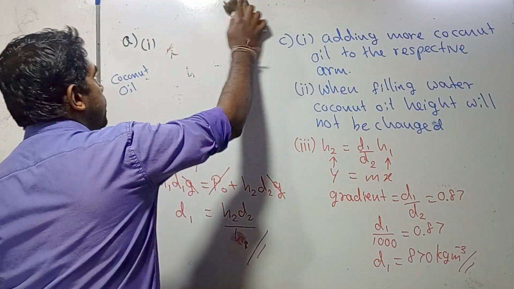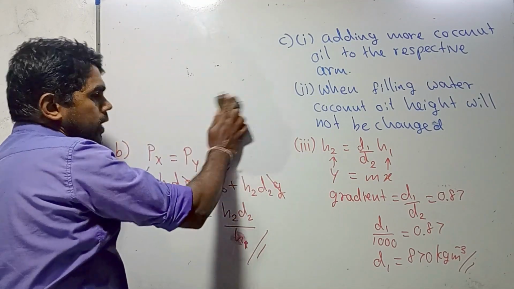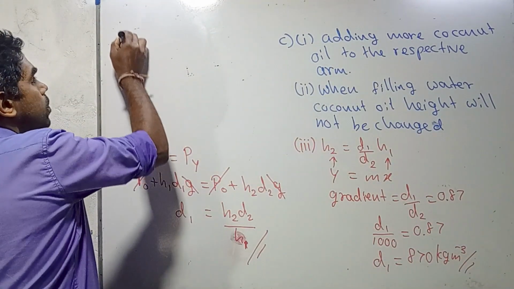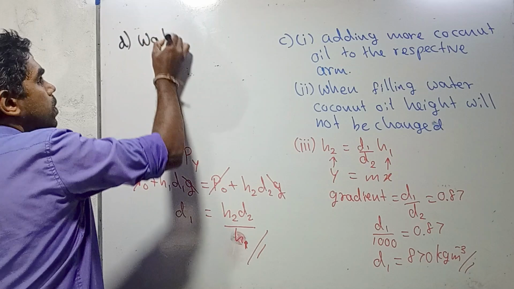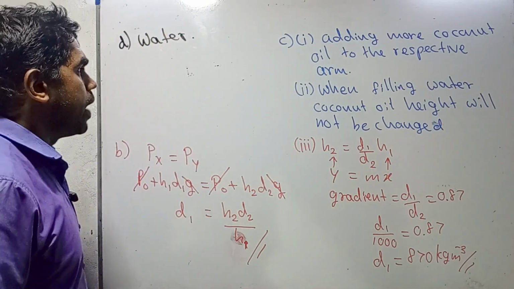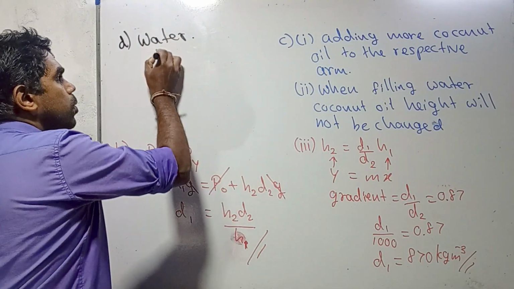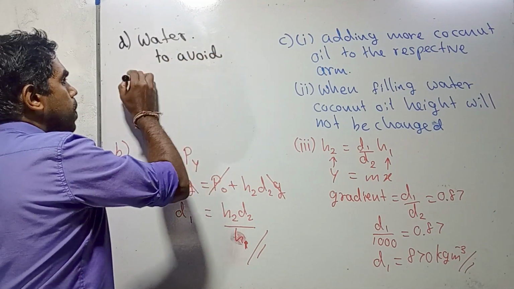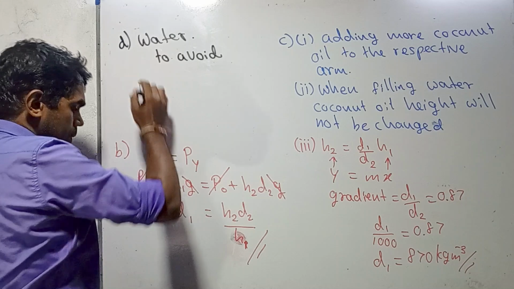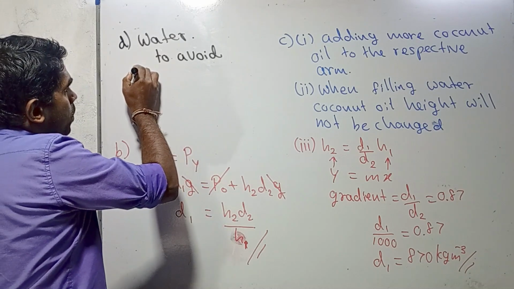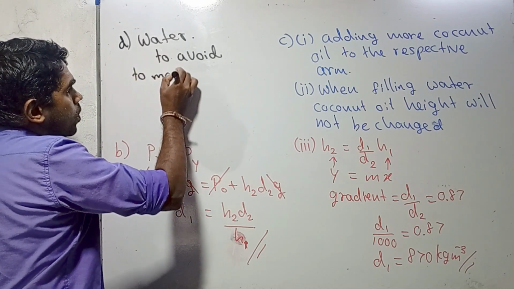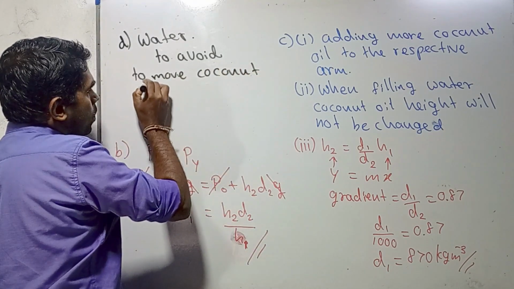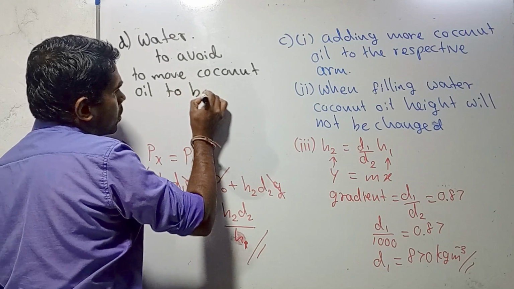Then we can write water, and we have to write the reason: to avoid the coconut oil moving to both arms.